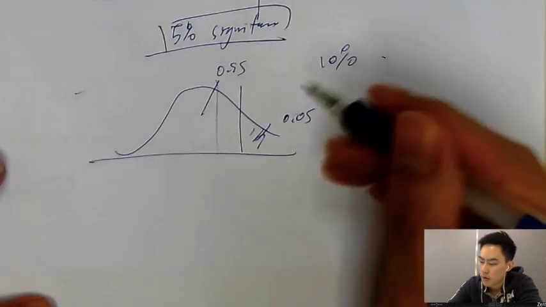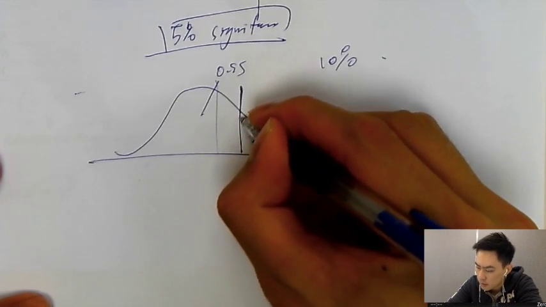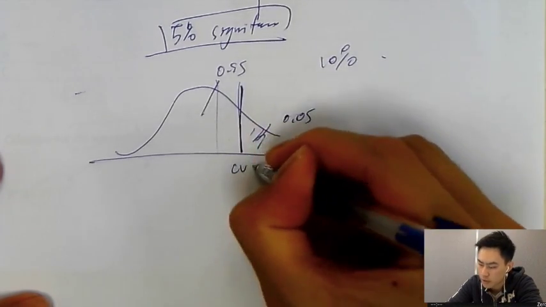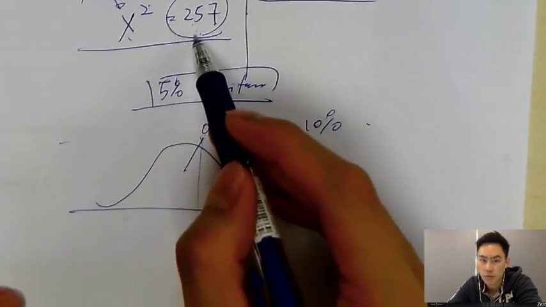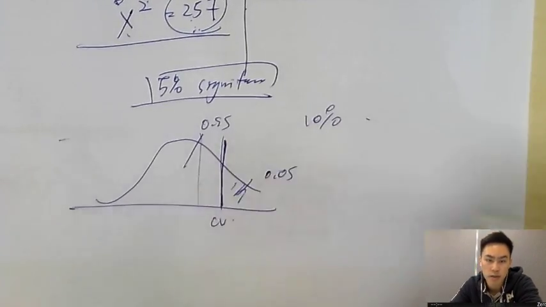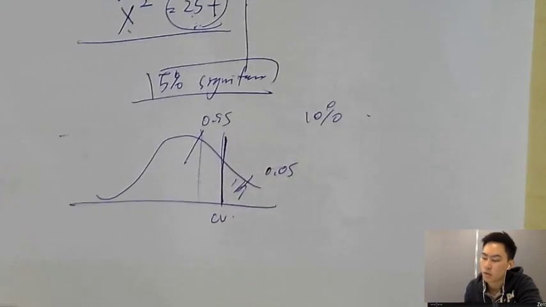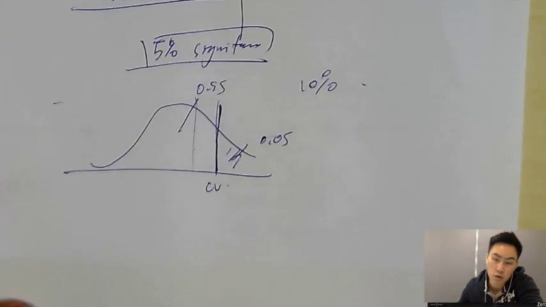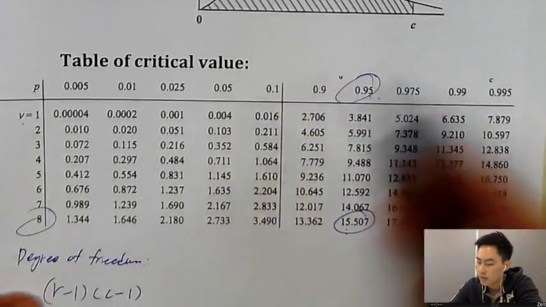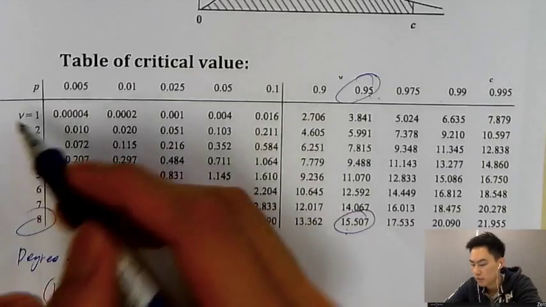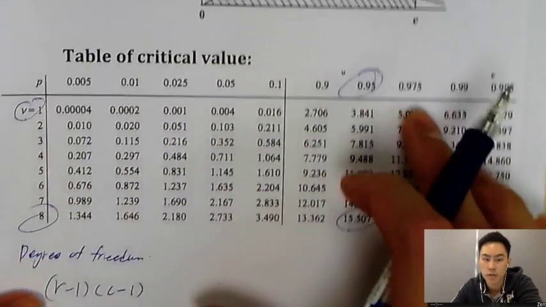Basically, right now I want to find the critical value of this line, and then compare whether my chi-square test value is bigger or smaller than the critical value. First of all, you have to find the critical value. Right now I have the information of 0.95 on the shaded area here, and then the degrees of freedom. V here means degrees of freedom, but what does it mean?